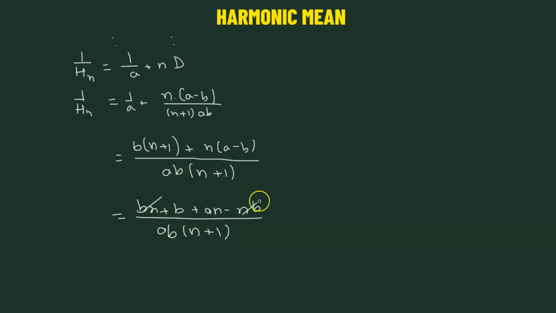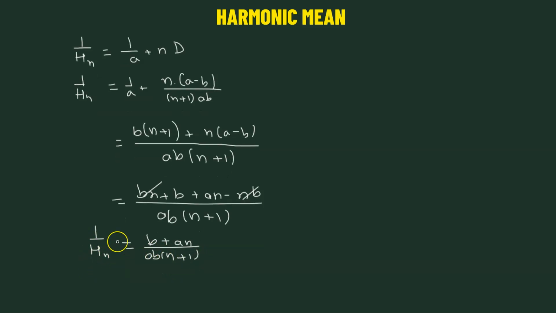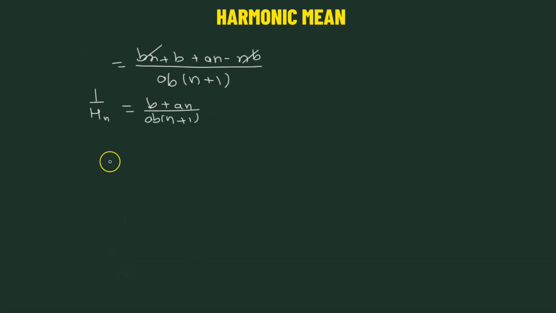Here bn and nb get cancelled out, and we are left with b plus an divided by ab multiplied by n plus 1. So this is the value of 1 over hn. But we'll take the reciprocal on both sides, so that gives us the value of hn. That will be ab multiplied by n plus 1 divided by b plus an.